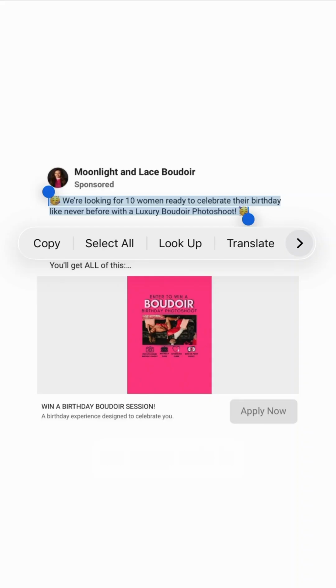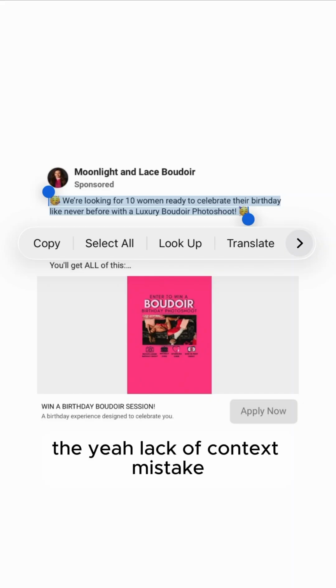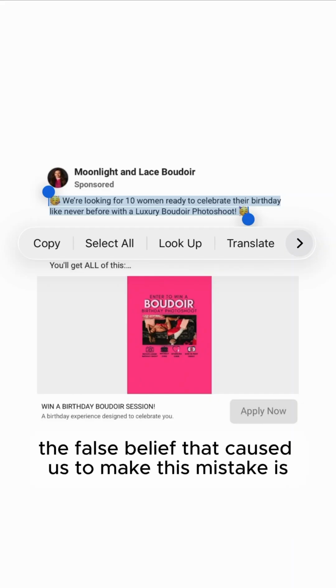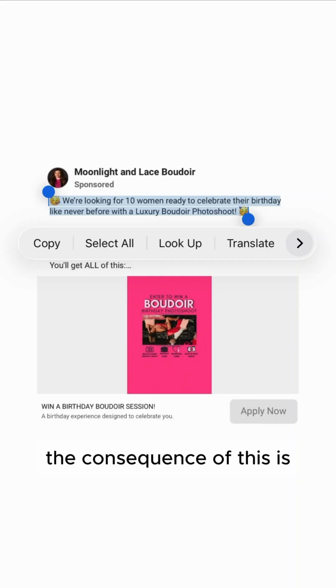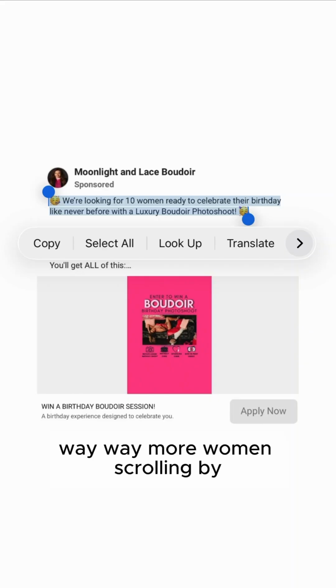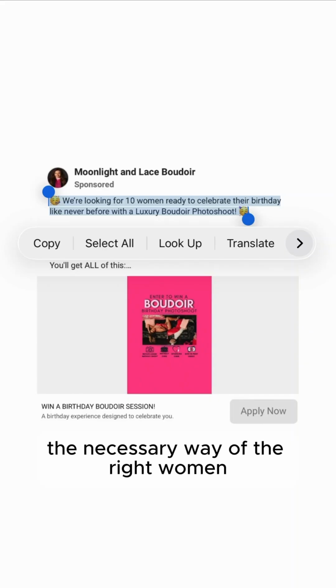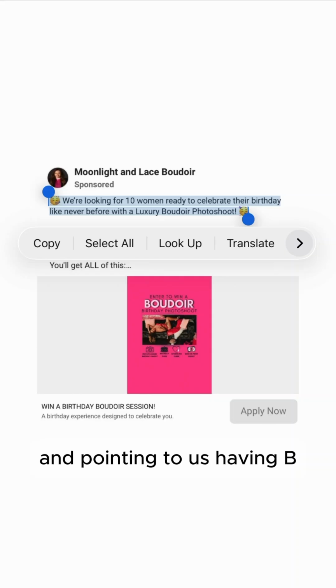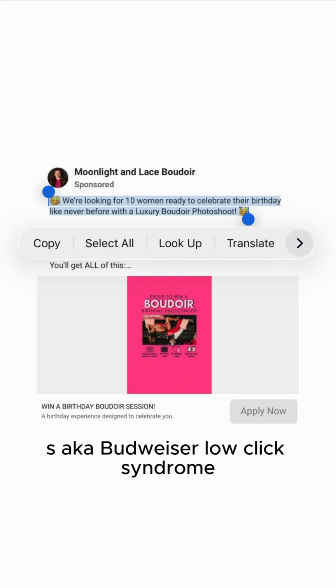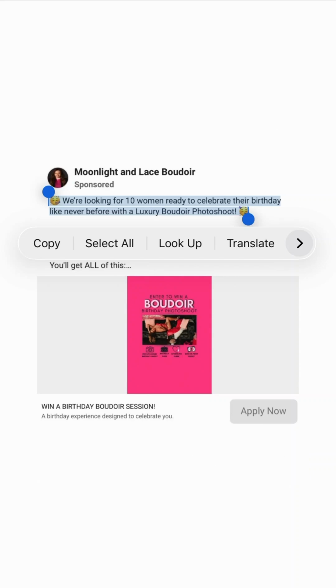This is the lack of context mistake. The false belief that caused us to make this mistake is we believe we provide enough context, but the consequence is we have way more women scrolling by than necessary, way more of the right women, pulling our unique CTR down and pointing to us having BLCS, aka Boudoir low click syndrome, increasing that probability.